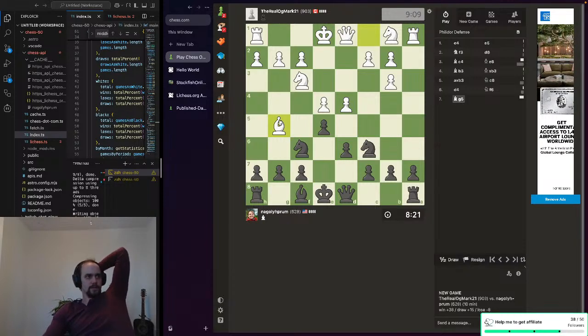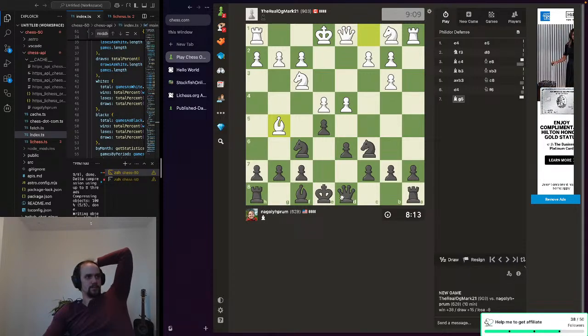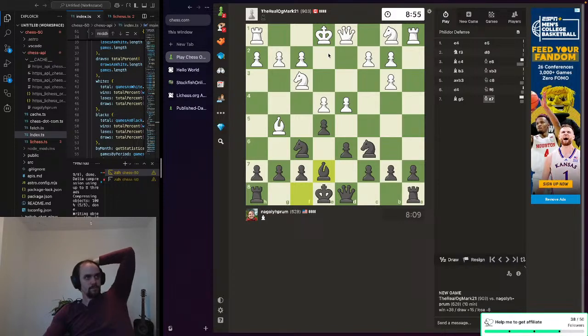Okay, so that's another idea to prevent the fried liver, is to just pin the piece. I'm trying to figure out what side I want to castle on. Maybe I unpin? Because he's trying to prevent me from getting here, protecting this. Because he wants to make a move on it. So they castle. I guess it's time?